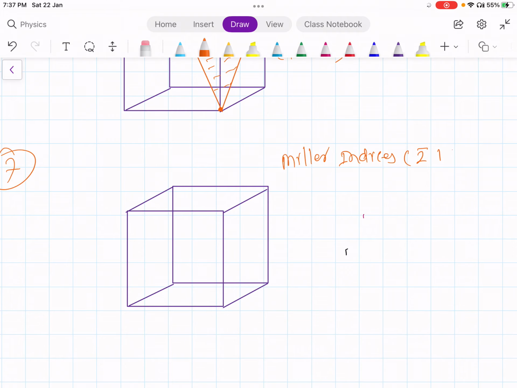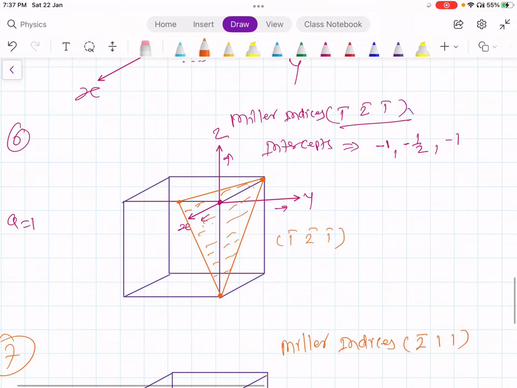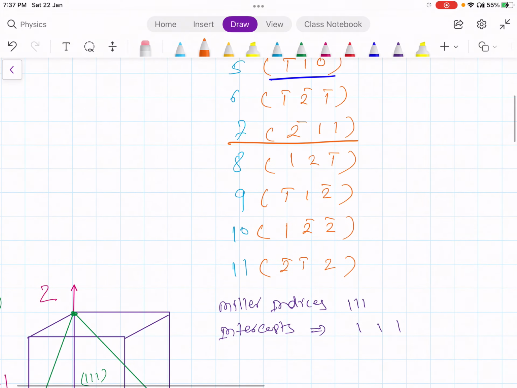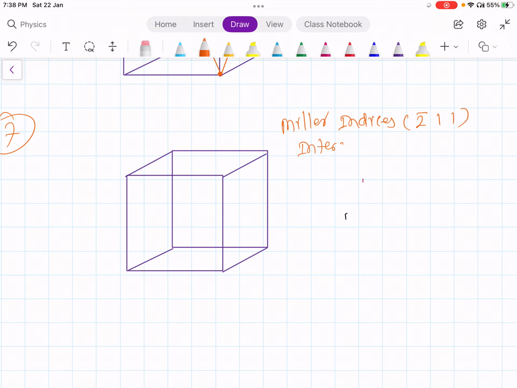Bar 2, 1, 1. Let me check it. So bar 2, 1, 1. And so the intercepts are -half, 1, and 1. So here again I want negative x plus positive y and z. So obviously this is the origin O.